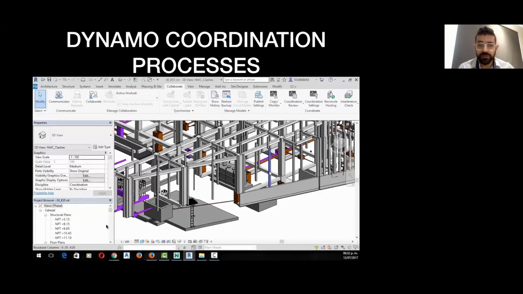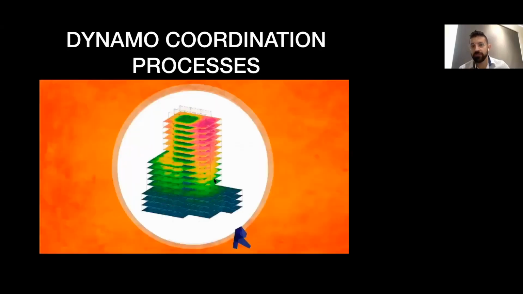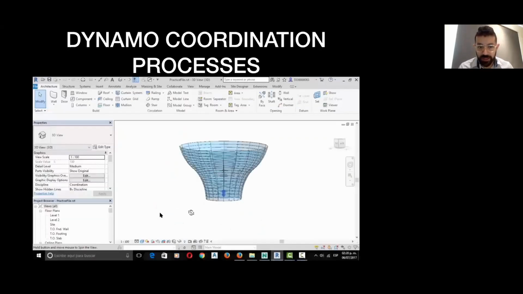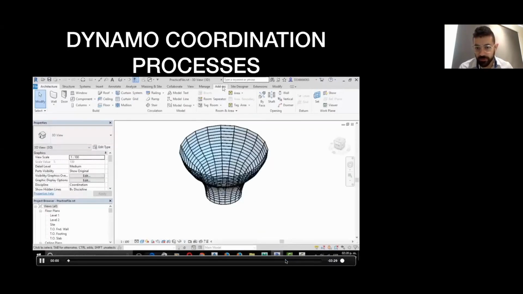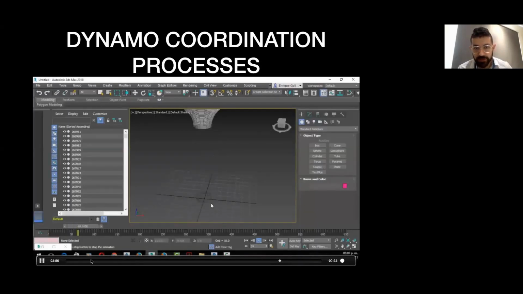For simulations as well, instead of just linking elements one by one, you can use Dynamo to automate that process, set up a naming convention, and then create results. I don't know if it's getting too much lag, but you can see those types of simulations that are entirely Dynamo based.